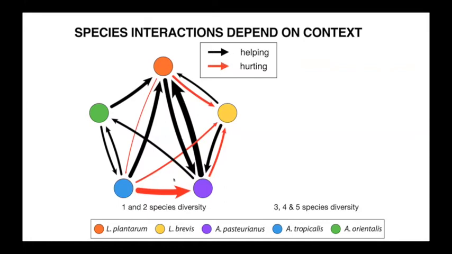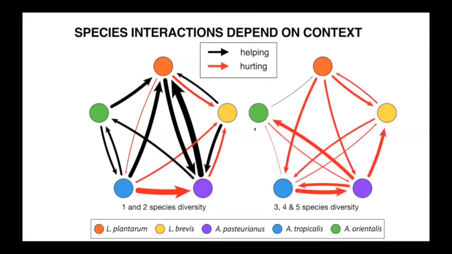And so you can see that most of the interactions are positive, but there are also some negative interactions. If we look at the higher diversity, 3, 4, and 5 species data, we see that the interactions tend to be almost all negative, and that they change. So the interactions depend on the context of other species.